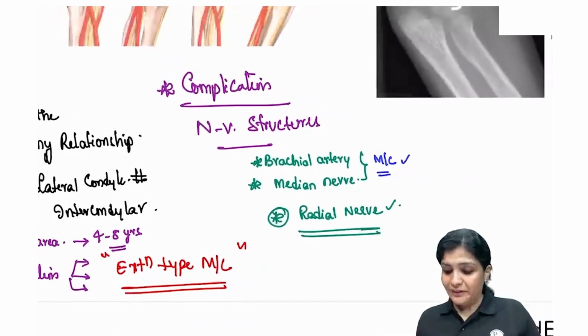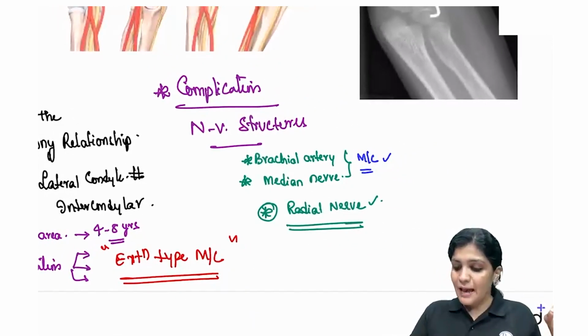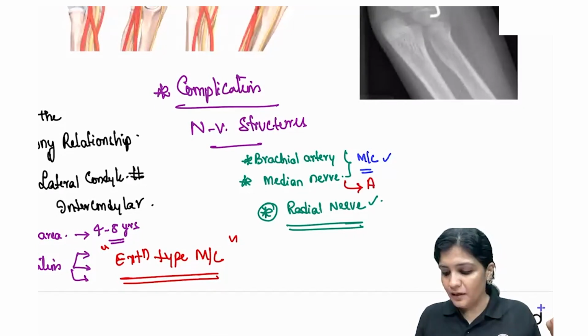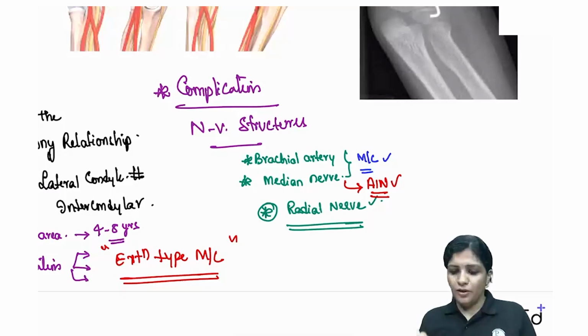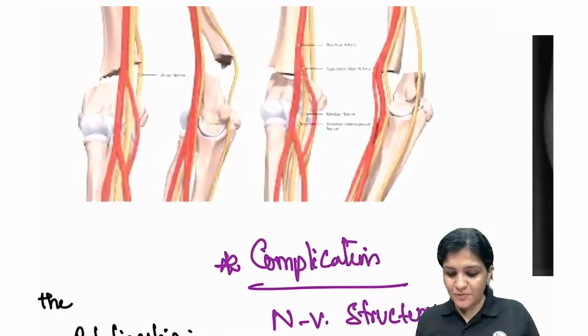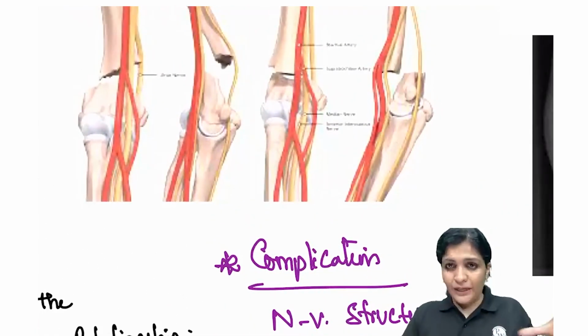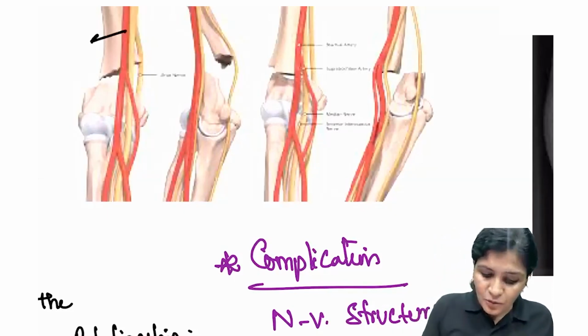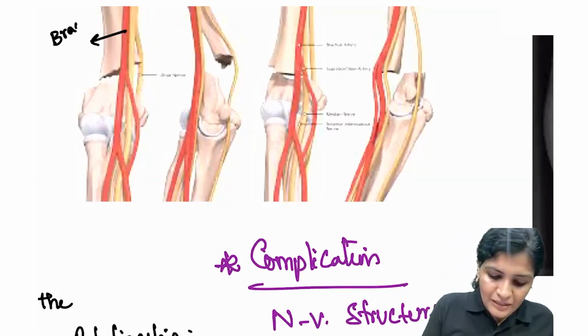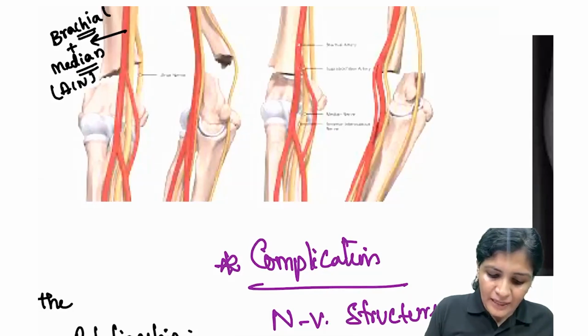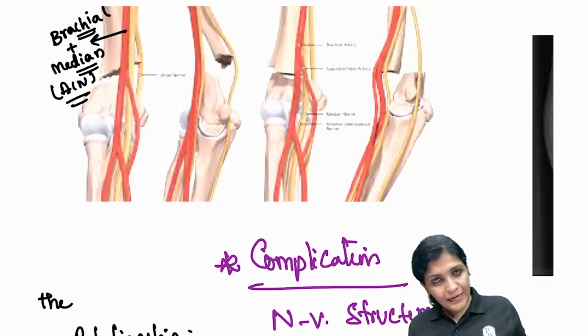And one more important thing is that sometimes it damages the branch of the median nerve, which is called the anterior interosseous nerve. So this is all you have to remember. These are based on the displacement I was talking about. Around the elbow joint, what is very important for us is, first, the brachial artery, as I've told you, and the brachial artery is in association with the median nerve and its branch, the anterior interosseous nerve, right?